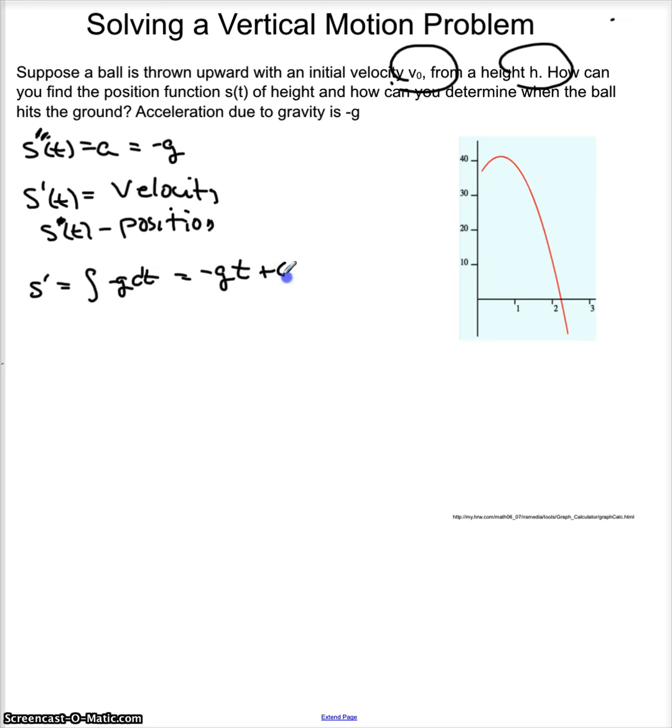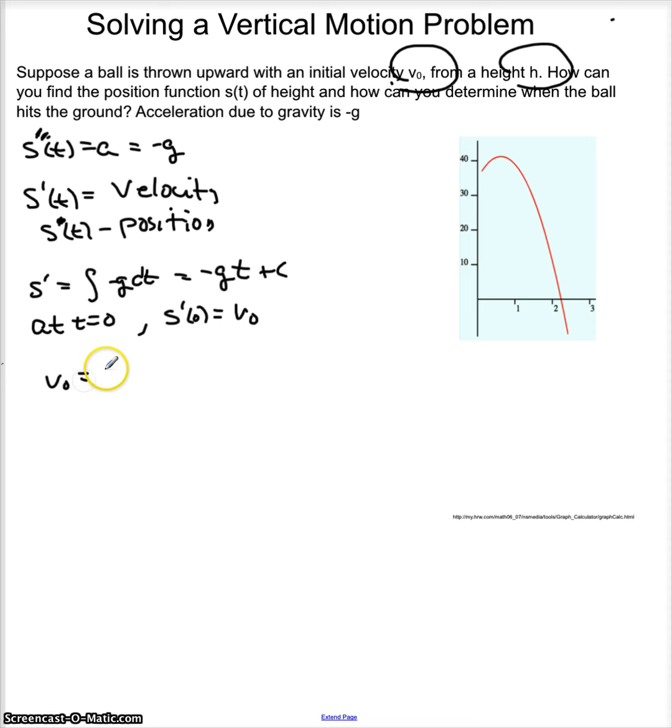Now, I know at t equals 0, it has an initial velocity of v naught. At t equals 0, s prime of 0 is v naught. That's what the whole initial thing is. All right, so I'm going to plug this in.